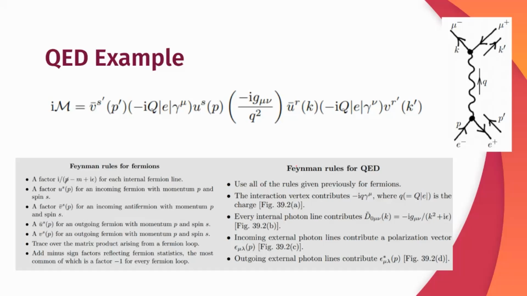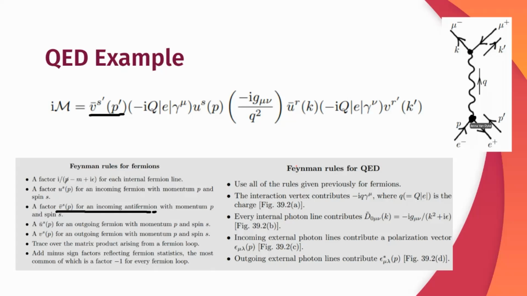So first we have our incoming positron, which is an incoming anti-fermion. And so we're going to use this factor of v-bar_s(p). So we're going to see that right here in our equation. And then we have the vertex right here.